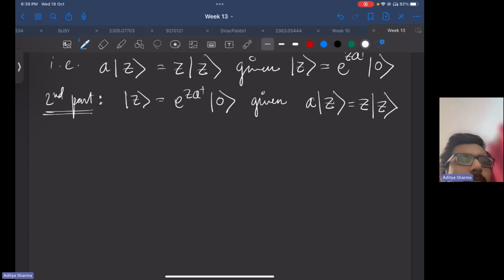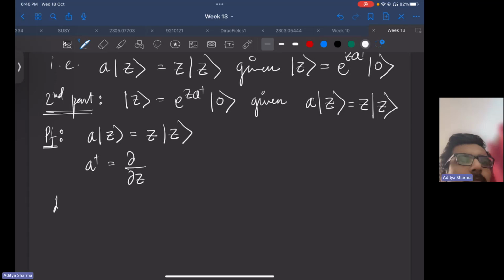This is not very rigorous. So I have a proof. Proof is given like this. If I can write this like this, that means my A dagger can be written as del del Z.